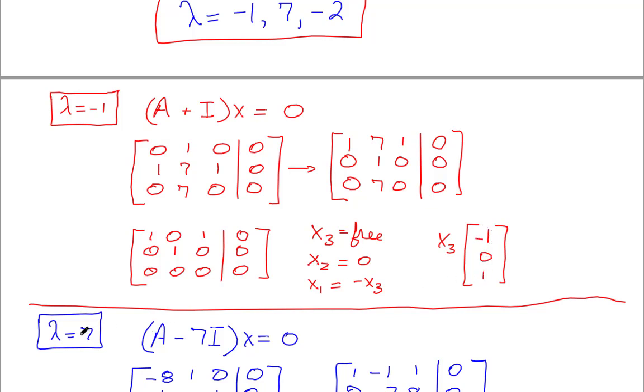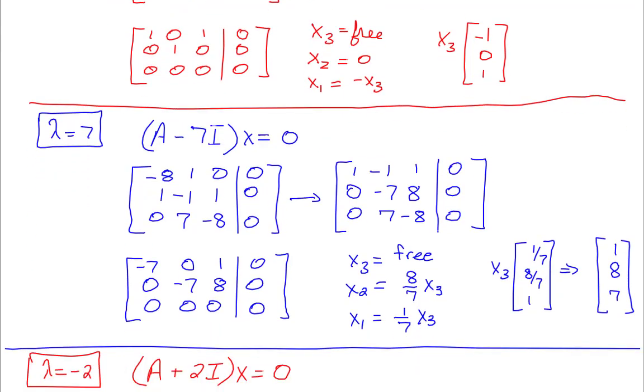Repeat the process for the eigenvalue of 7. And again, just grinding it out, do row operations to clean this up a little bit. Pretty quickly we get a row of all zeros. And so I get x3 is free, meaning free to pick whatever I like.